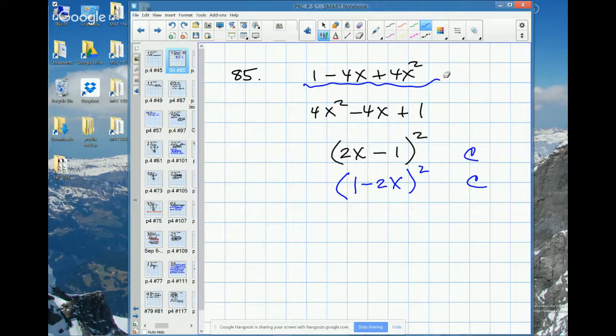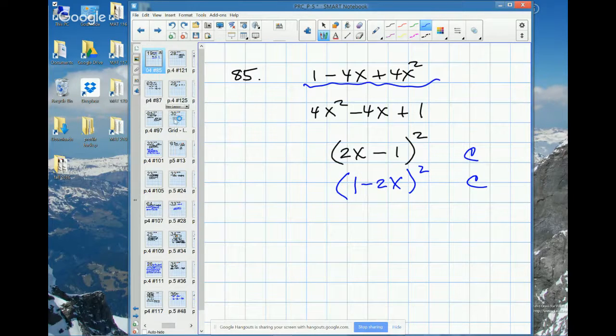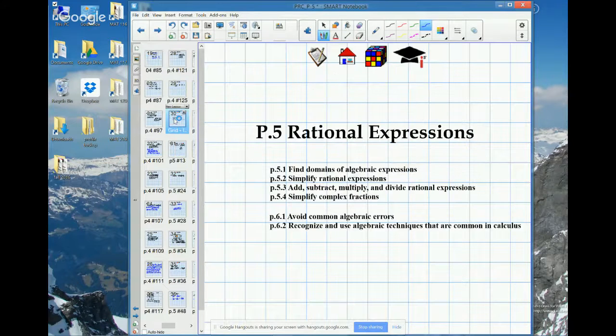Otherwise, what I want to do then is start lesson P. I want to point out some important things from the P5 section, which is our next task. I am going to go to P5, which is entitled Rational Expressions.